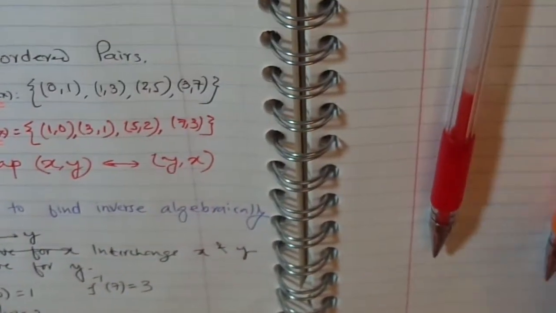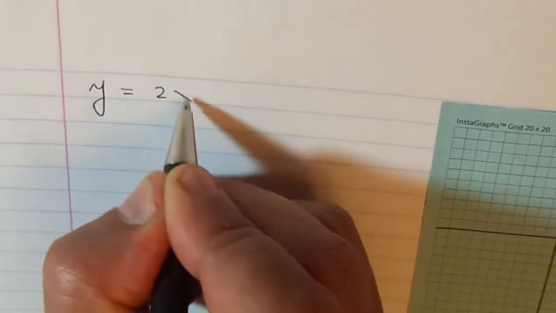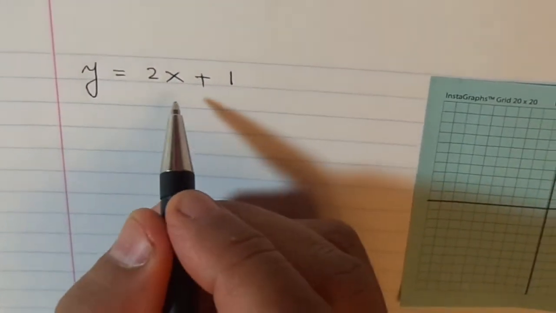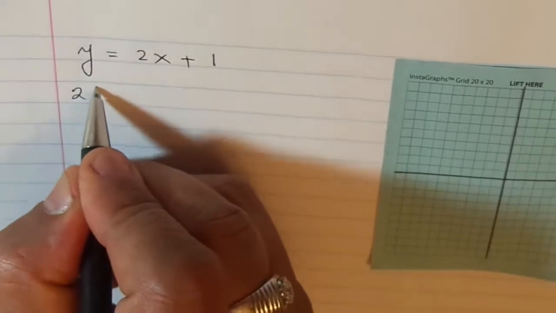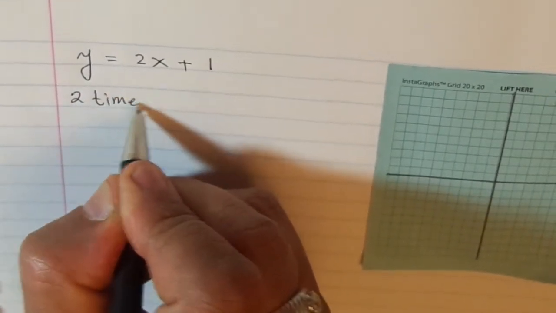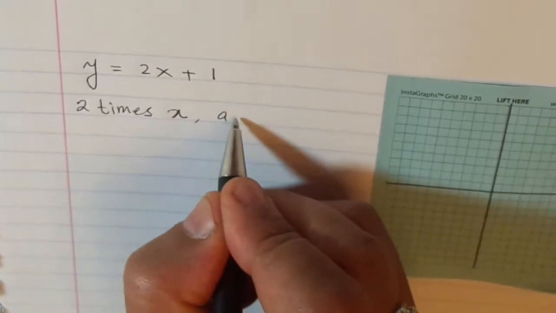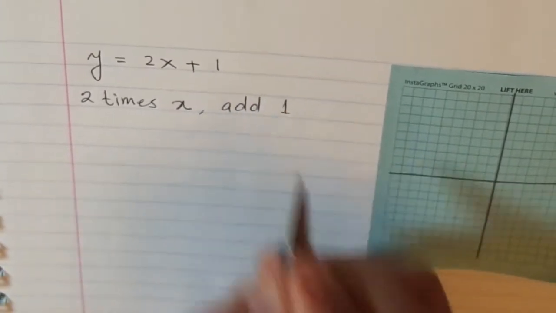Now let me show you how to write the inverse from words. The equation y equals 2x plus 1. We can say the output is 2 times x, add 1.